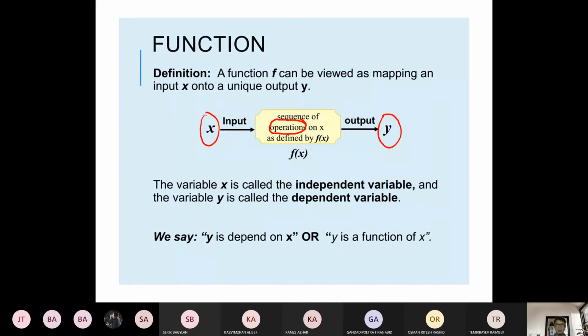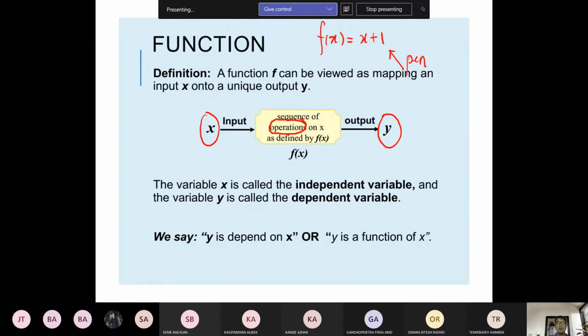Now, for example, let's say we have this function: X plus 1. Say you have one pen inside your pencil box, and today you go to the bookshop to buy a few pens. How many you buy, you are not sure yet.